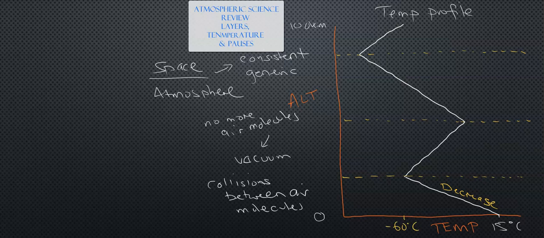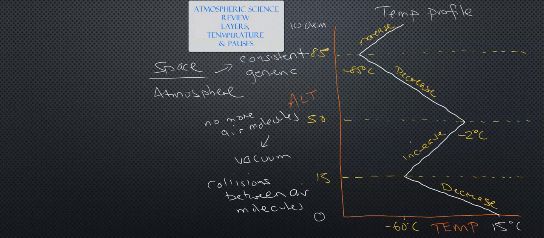Then we have an increase in this part of the atmosphere going up to about minus 2 degrees. And then we have a decrease again going down to about minus 85. And then an increase again in this part of the atmosphere that's really high up. So we can say this is about 15 kilometers, this is 50 kilometers, and this up here is 85 kilometers.